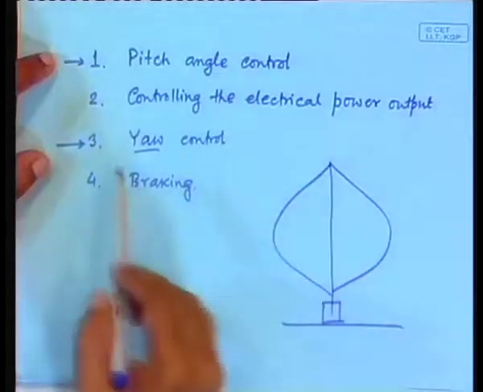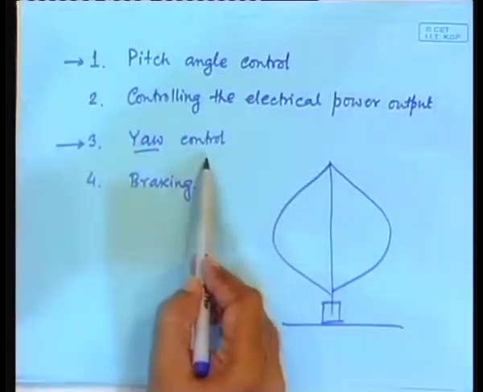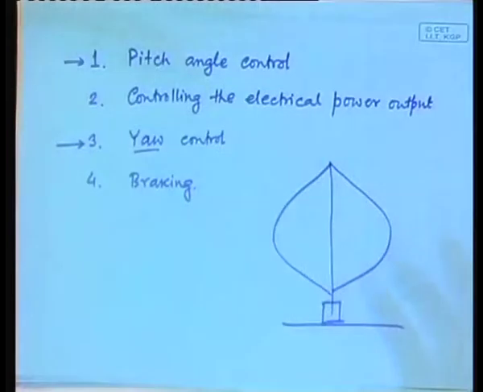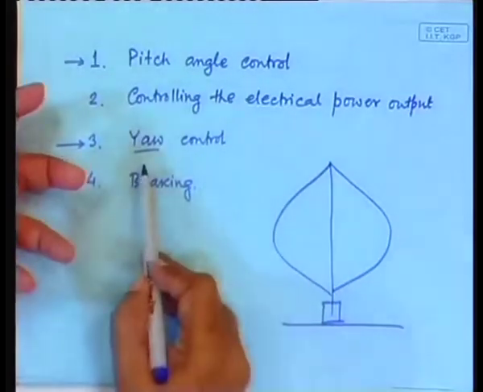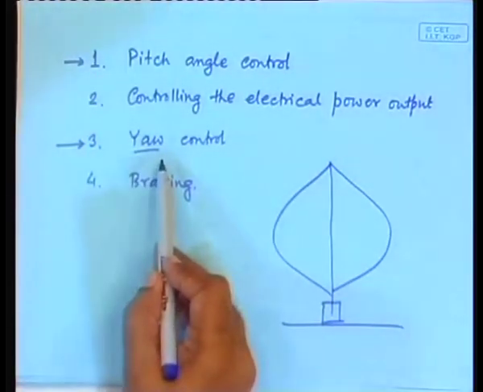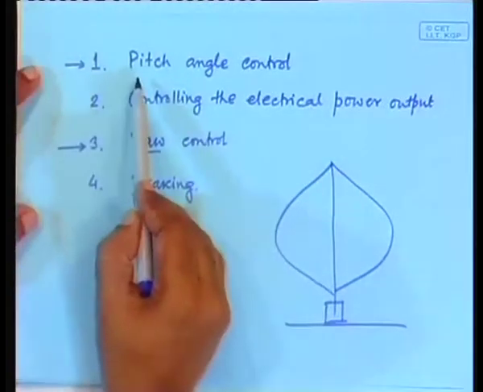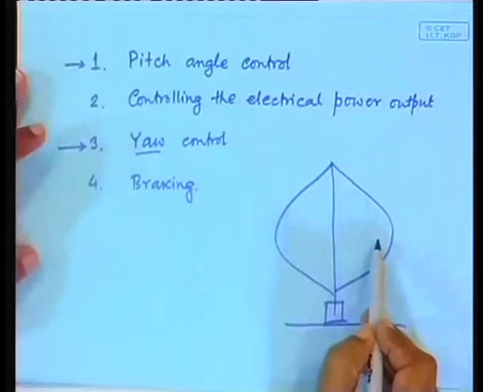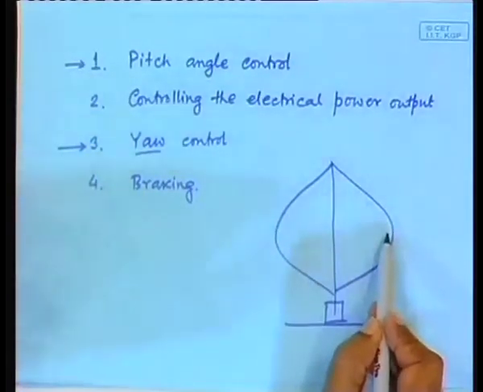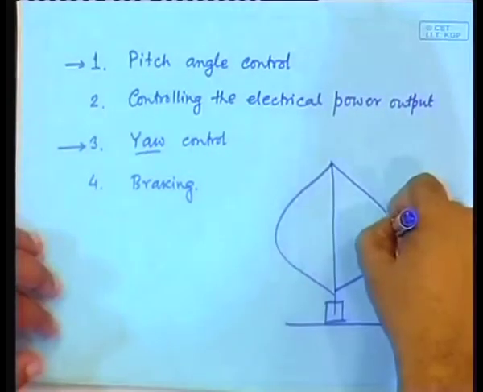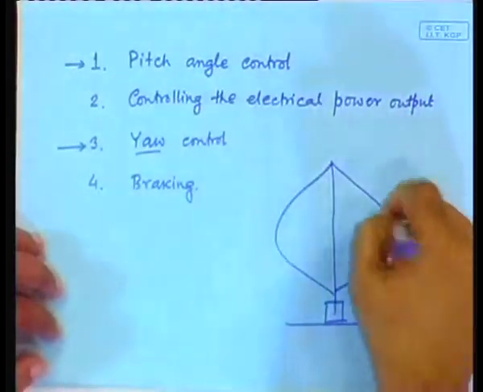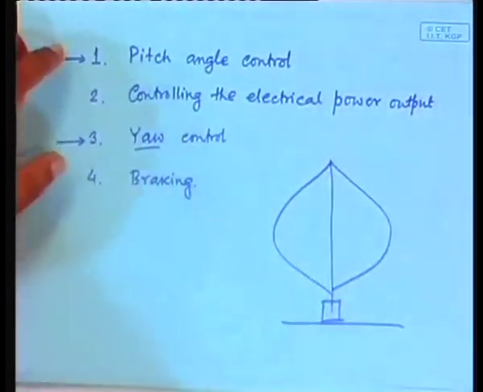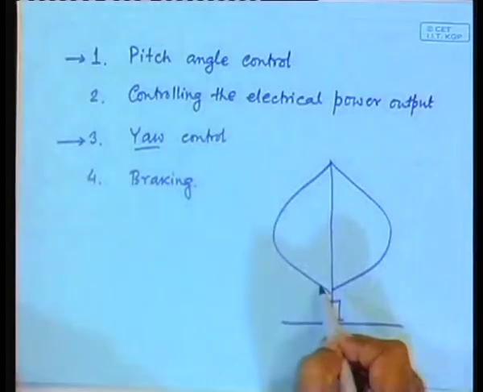In the Darrieus rotor, obviously there is no question of yaw control, because it is symmetrical in all the directions. So, it does not depend on the direction of the wind. Yaw control is out of question. Pitch angle control is also out of question, because here you cannot change pitch angle. The airfoil is directed like this and it is simply there. You cannot change the direction. So, pitch angle control is not possible in case of the Darrieus rotor.